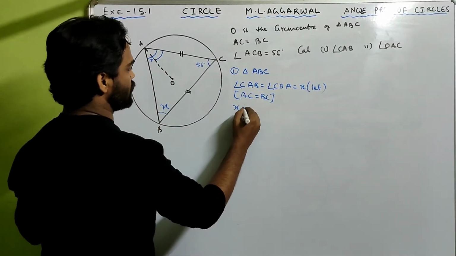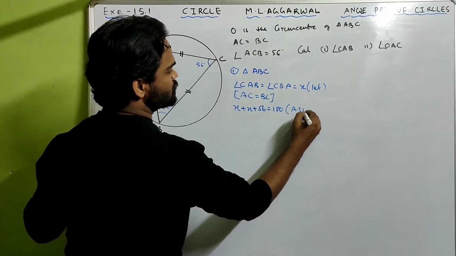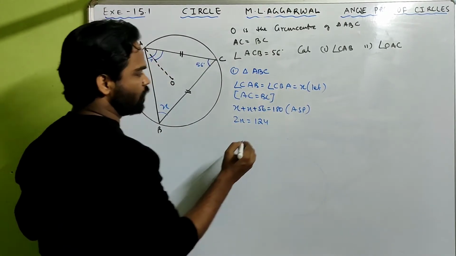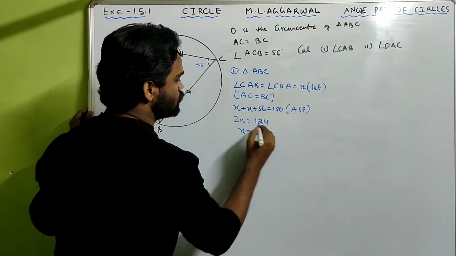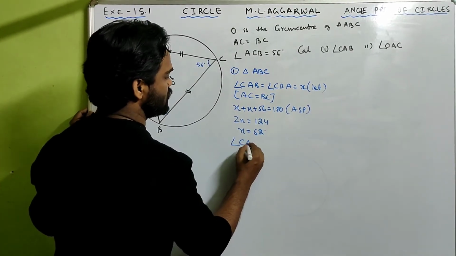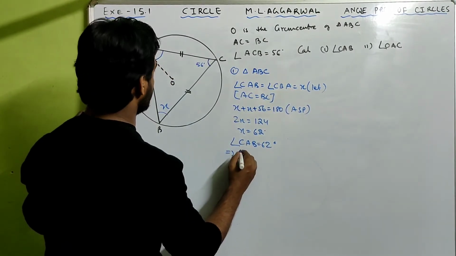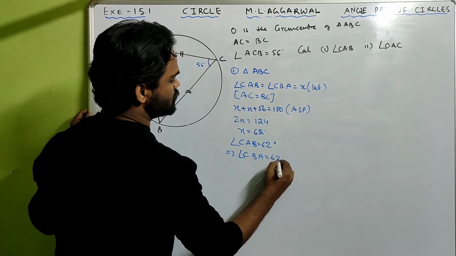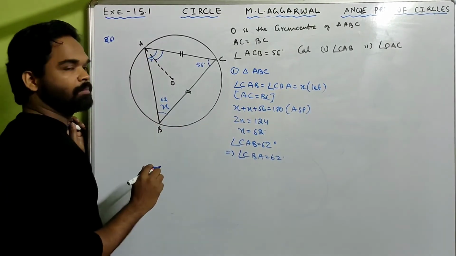So we can say x plus x plus 56 equals 180. That's the angle sum property, which means twice x equals 124 if I'm not wrong. Yeah, so x equals 62 degrees, which means angle CAB is equal to 62 degrees, as well as angle CBA is equal to 62 degrees. So this is 62 as well as this one.